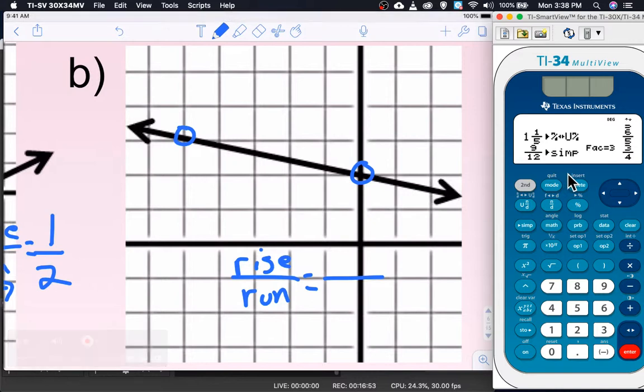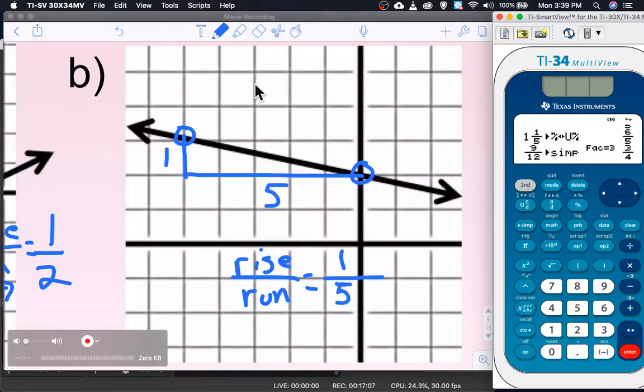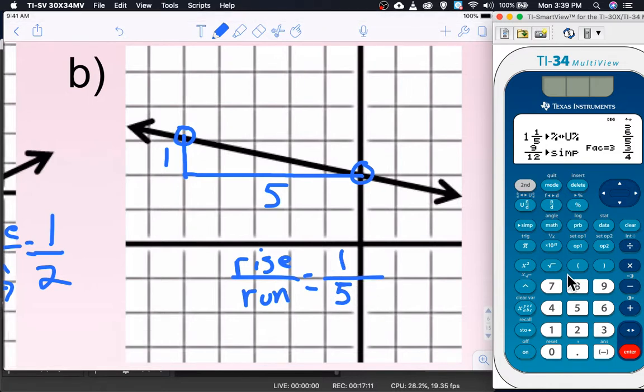Well, from one point to the next, I'm going to go down 1 over 1, 2, 3, 4, 5 blocks. Now, if I just put 1/5 like that, rise over run, that is not quite correct because my line is going down, not up.